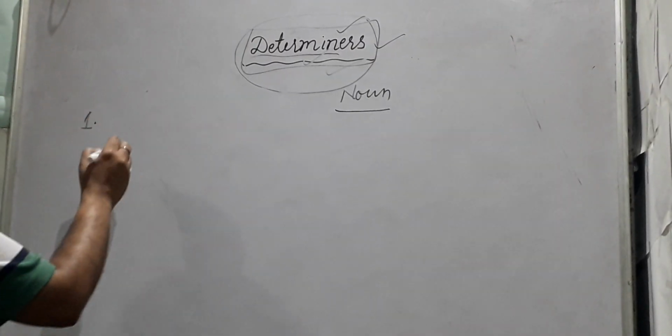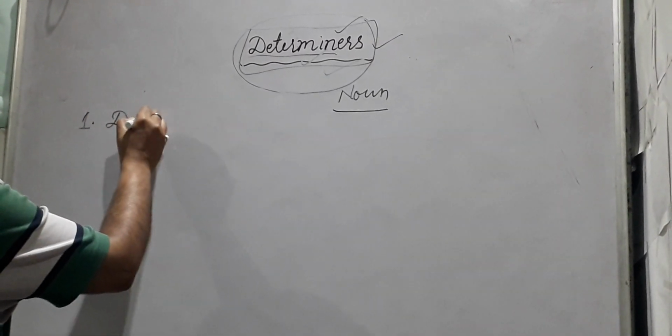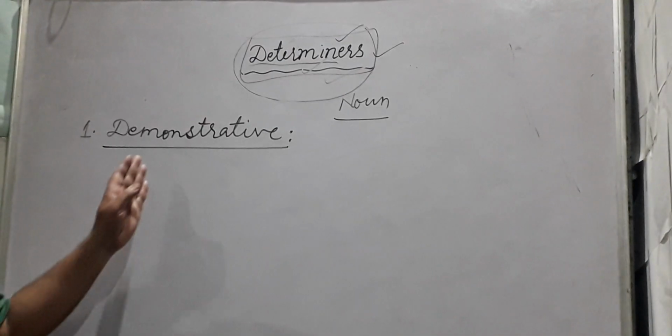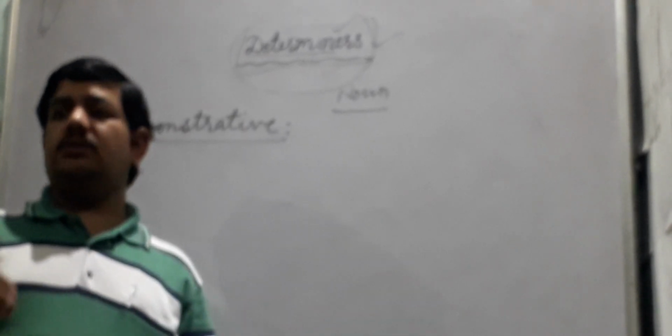First we shall do demonstrative. Demonstrative adjective or demonstrative determiner, it is very important. It demonstrates something, it explains something.